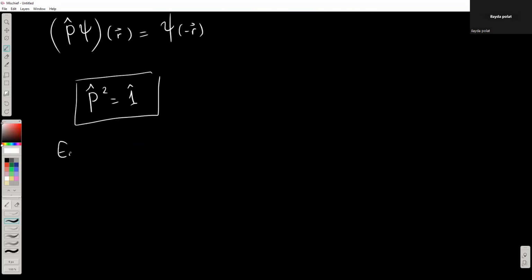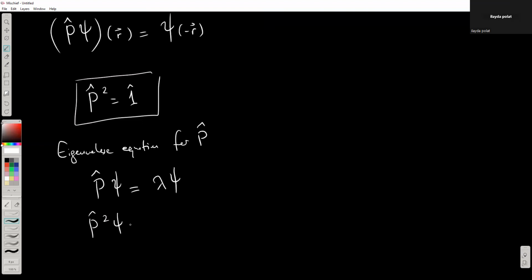We would like to look at the eigenvalue equation for P. So in that case, we look at wave functions where P psi is equal to lambda psi. So the idea in here is this: since P squared is equal to identity, first of all, mathematically, P squared psi equals lambda squared psi.